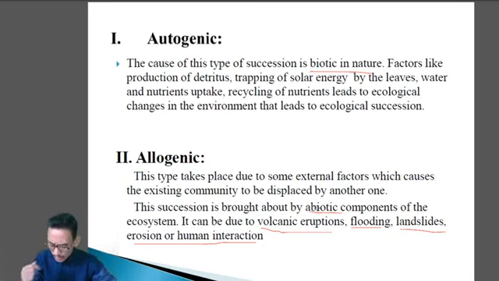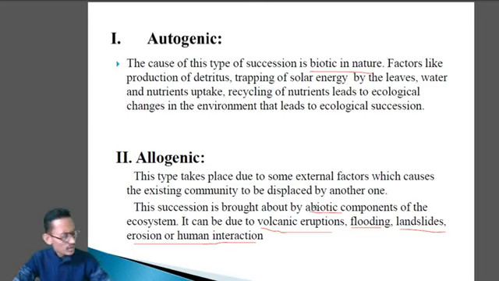In allogenic succession, a community is replaced by another community not due to changes in the environment by living organisms, but brought about by abiotic factors like volcanic eruptions, landslides, flooding, erosion, human interactions, or grazing animals.